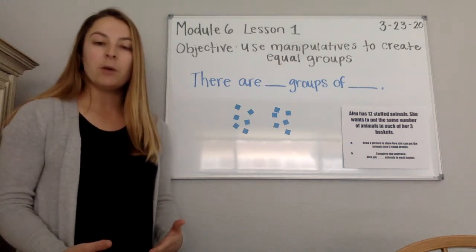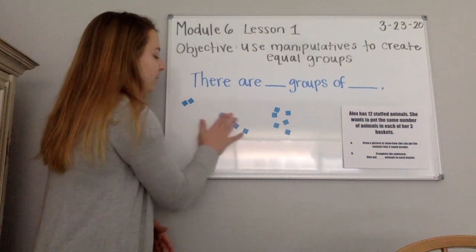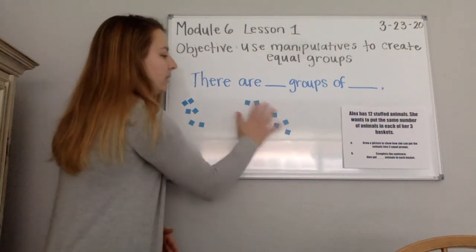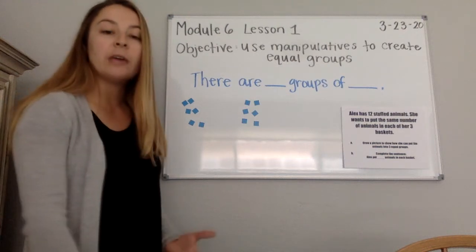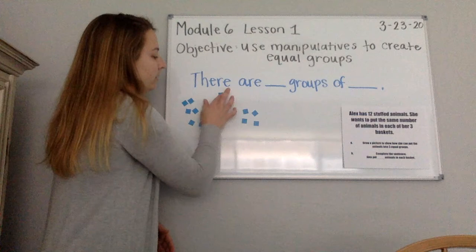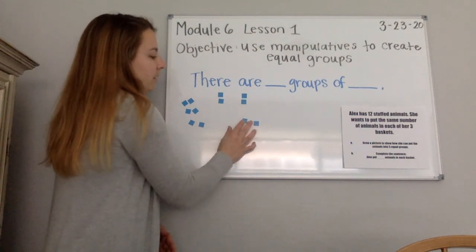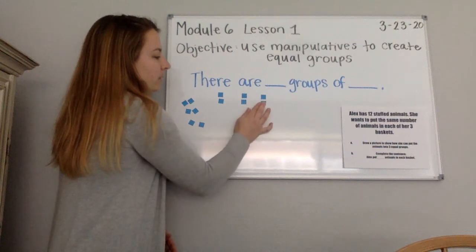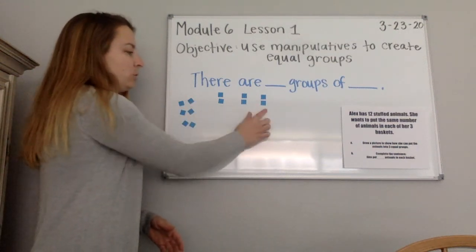The first that we are going to come up with is using 6 counters. So I'm going to go ahead and push these off to the side, and I'm only going to work with these 6. And I am going to try to create equal groups of 2. So I'm going to put these 2 in a group. They're a group of 2. And these 2 in a group. And these 2 in a group. I know they're equal because they each have the same amount, 2, 2, and 2.